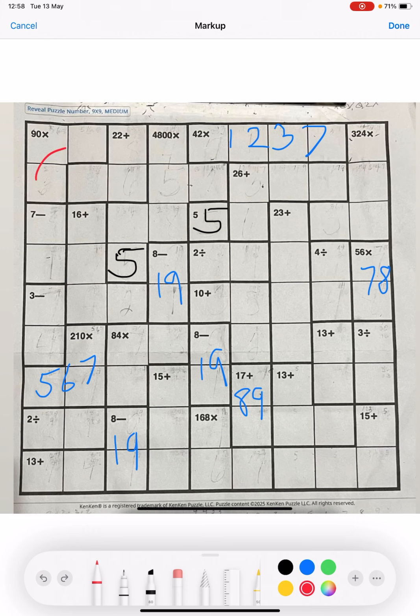Let me now have a look at the 90 cage. So obviously a multiple of 5. It's 5 times 18, so 5 times 2 times 9, or 5 times 3 times 6. But I've got a 2 and a 3 in this 42 cage.